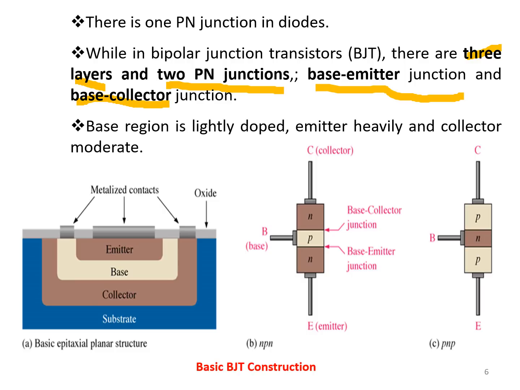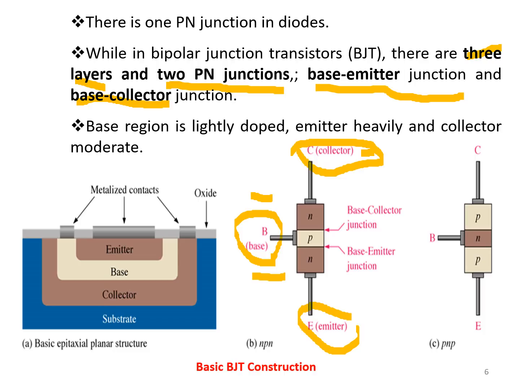Base is lightly doped and it has a very thin current carrier, while emitter is heavily doped and it has more current carrier compared to B and C, while C or collector is moderately doped and it has moderate current carrier.